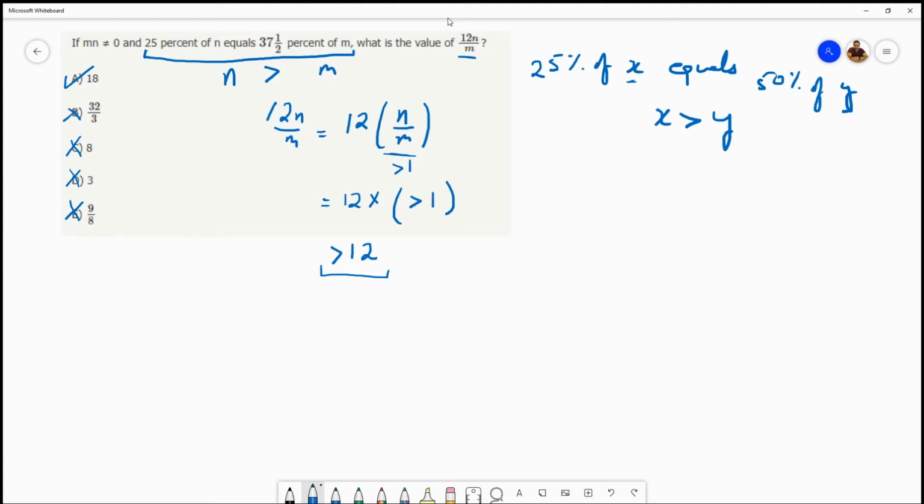Even if, let's say, I couldn't eliminate any answer choices, even then I get an estimate of what the answer would need to look like. And as I become more and more comfortable with percentages, such thought process would actually start coming more and more naturally. And so overall, thinking along these lines would not have taken me a long time, ideally.